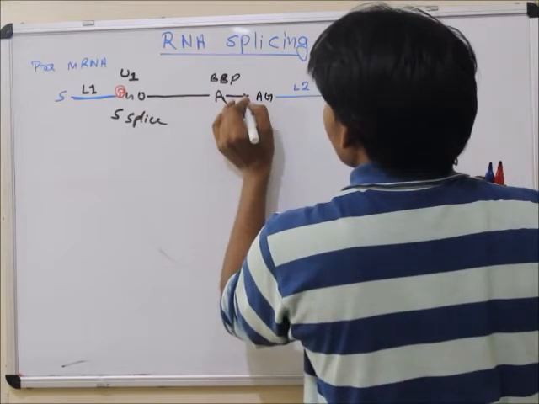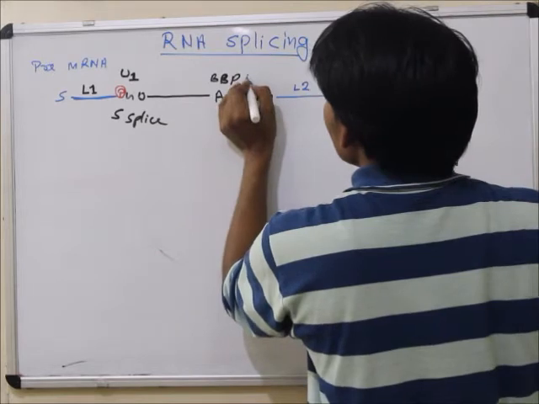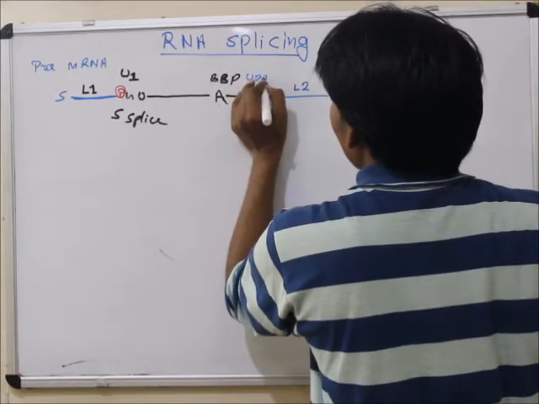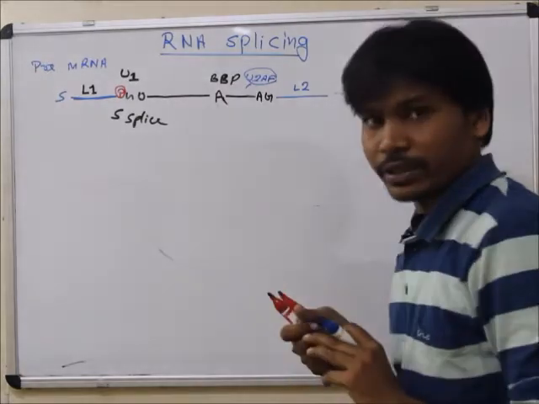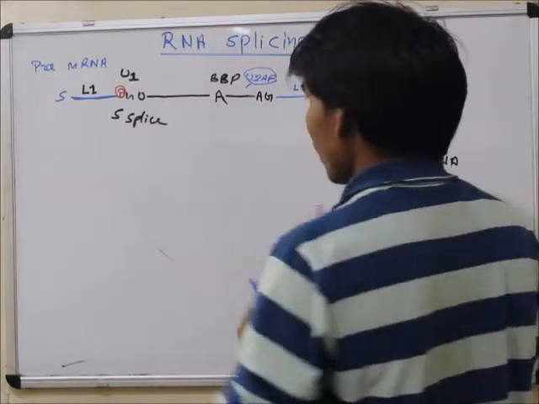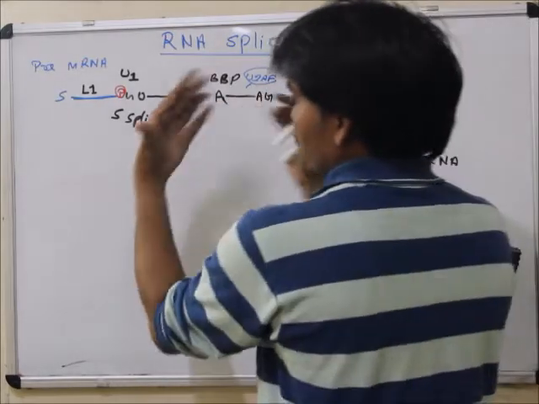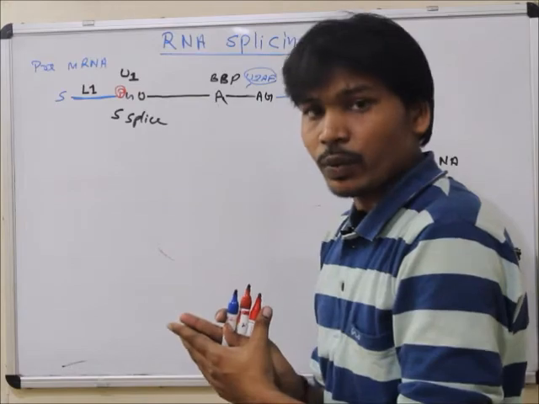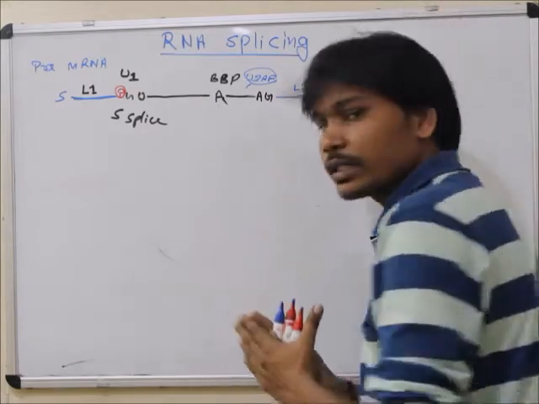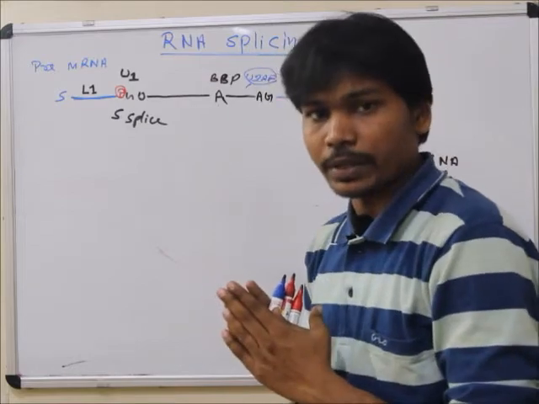Also there is the U2AF factor that also binds within the intron. Spliceosome complexes require ATP, but trans-esterification reactions do not require ATP.